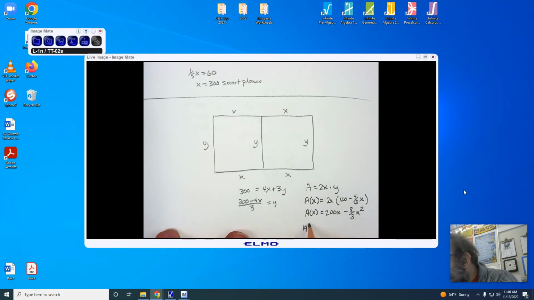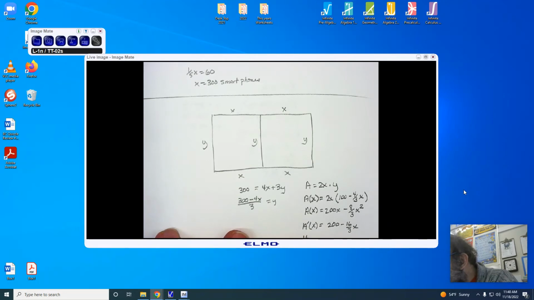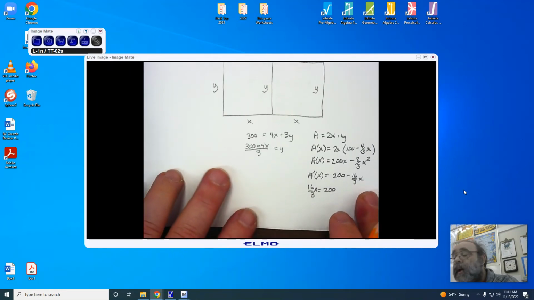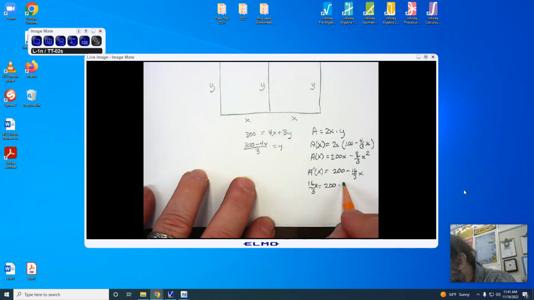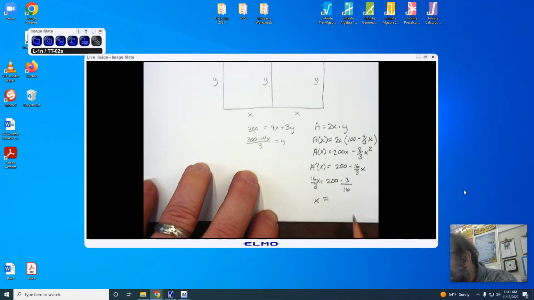Taking my derivative, a prime in terms of x is 200 minus 16/3 x, leaving me with 16/3 x is equal to 200. Don't forget your x, Mr. Lamb. And I'm now going to multiply by 3 and divide by 16 to get x.